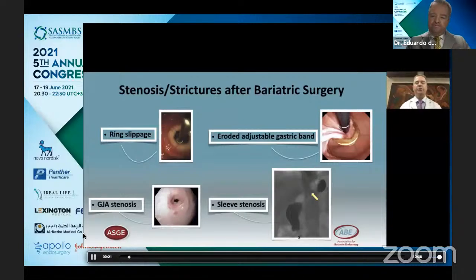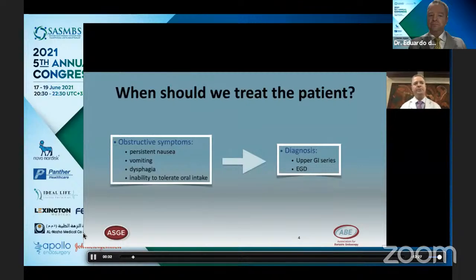We will address not only the stenosis themselves, but also the conditions that can lead to luminal obstruction. I believe that the appreciation of clinical manifestations suggestive of obstructive symptoms is fundamental, along with endoscopic and radiologic aspects.